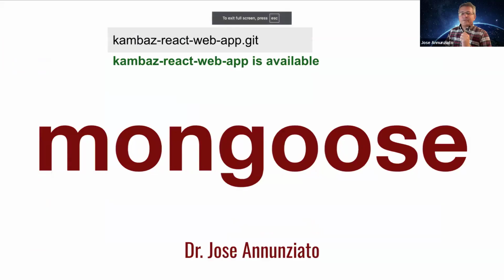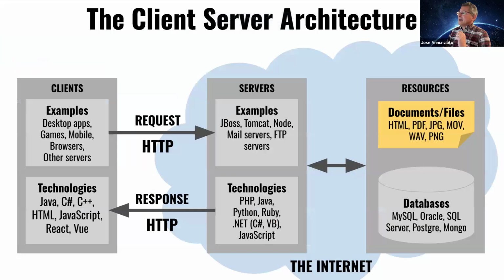Mongoose is a library that is going to allow us to programmatically talk to the database. Log into the database, establish a network connection, and issue all the CRUD commands, but programmatically using the library. It's going to run on the server, and it's going to connect to the remote database.